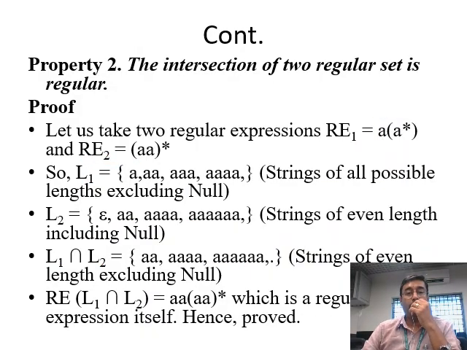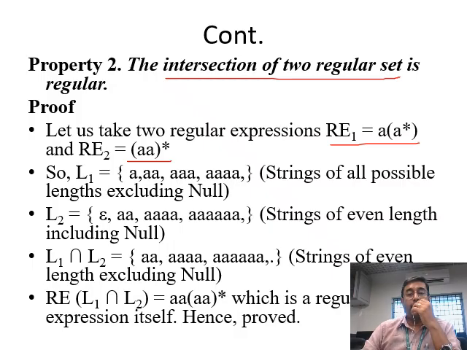Next, property 2: the intersection of two regular sets. If I take one regular expression as A(A)* and the other as (AA)*, then A(A)* means all possible lengths excluding null. The second language is of even length.